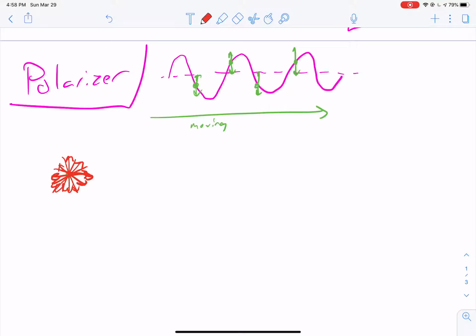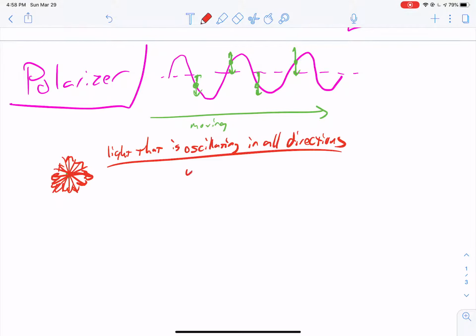Usually we talk about light that is oscillating in all directions. We call this unpolarized light. It's sort of disorderly. It's all over the place.